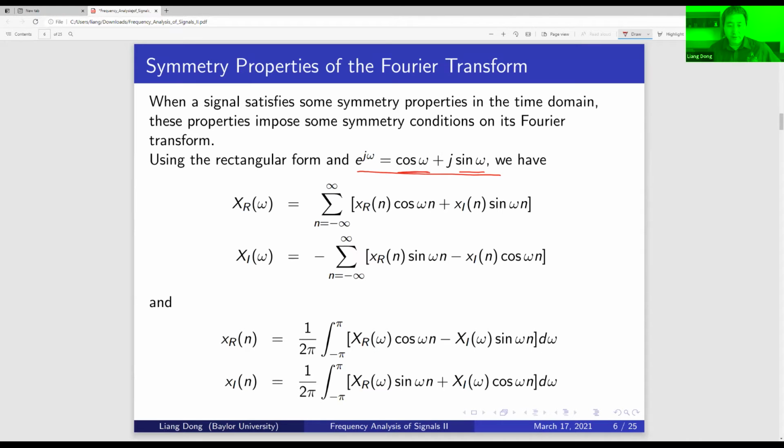Therefore, we can calculate separately the real part of capital X and the imaginary part of capital X. It can be expressed in these two equations, where everything now is a real number. This is real, this is real, Xi itself is real, cosine is real, sine is real, and so on and so forth. The inverse Fourier transform can also be calculated separately for the real part of the time domain signal and the imaginary part of the time domain signal. Also, we have those two equations, where everything in them is a real number.